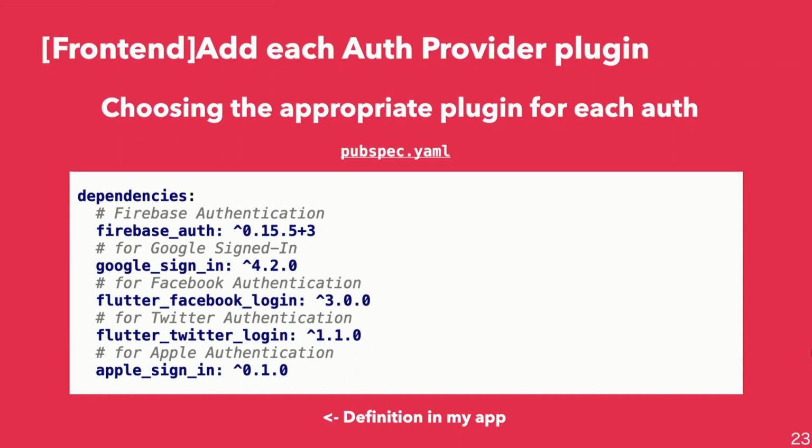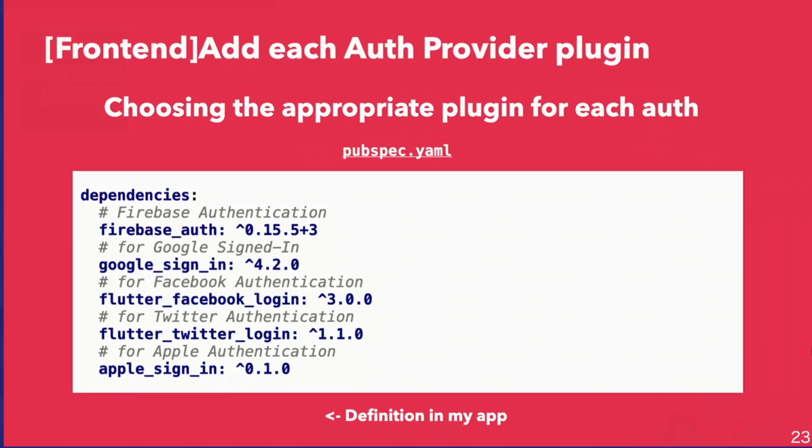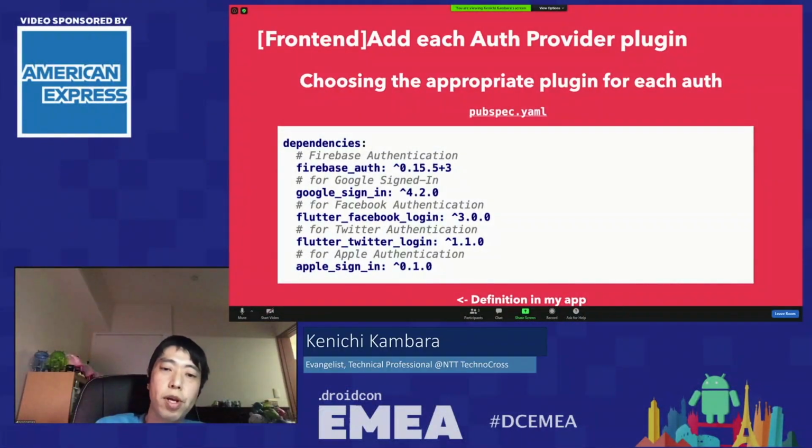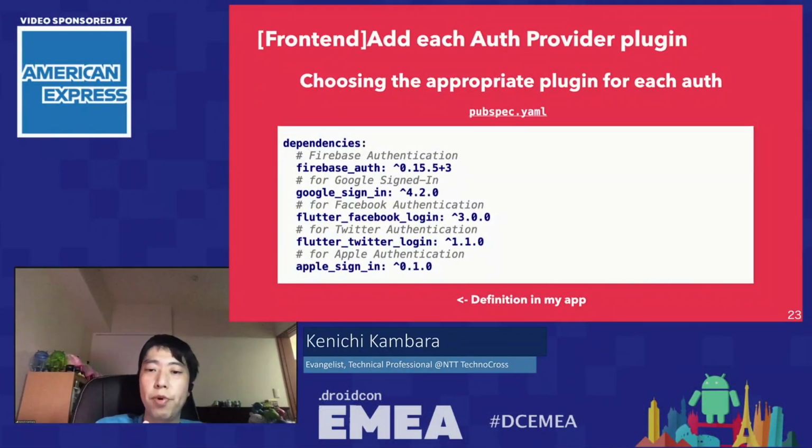We need to use extra plugins for supporting each authentication, such as Google, Facebook, Twitter, Apple. For example, the second line, the Google Sign-in plugin, is for using Google authentication. The third line, the Flutter Facebook login plugin, is for supporting Facebook authentication. The rest is the same way.